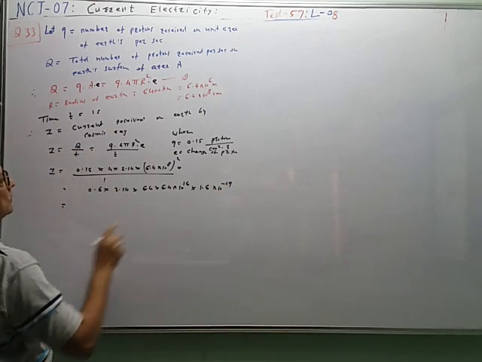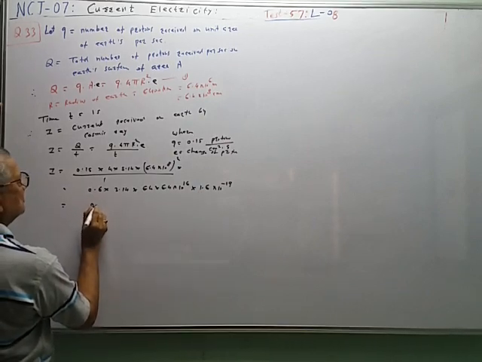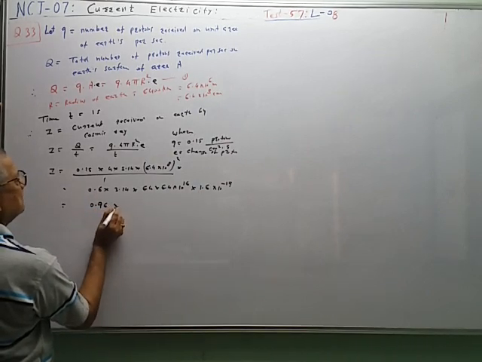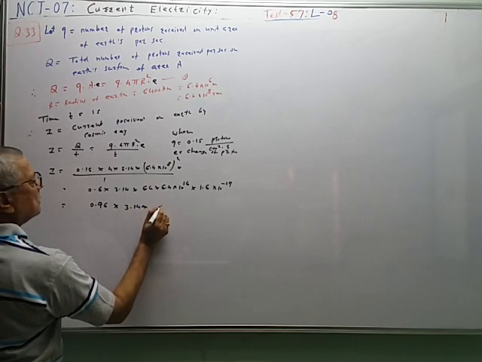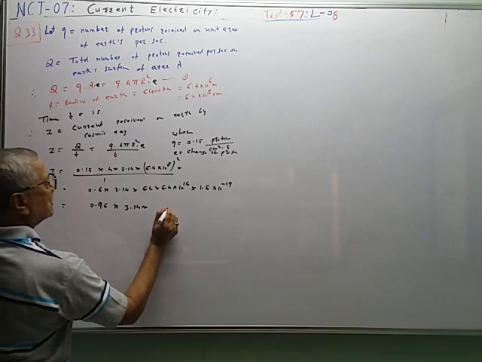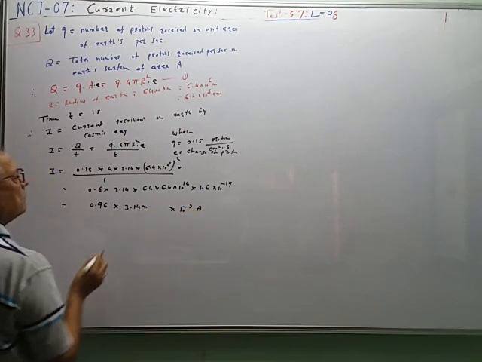So simplify. This is 1.6 and this is 0.6. So this is equal to 0.96 multiplied by 3.14 multiplied by 6.4 square into 10 raised to minus 3 ampere.